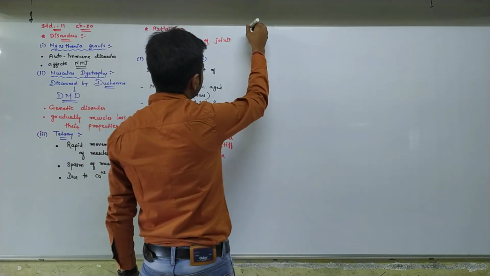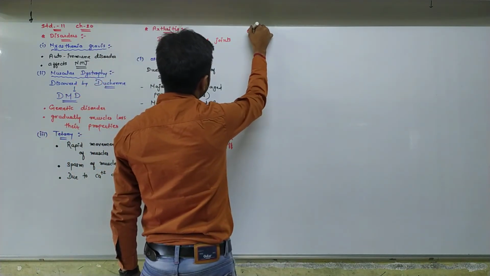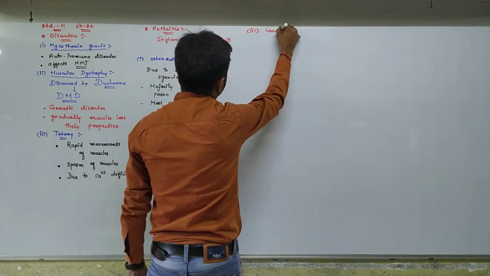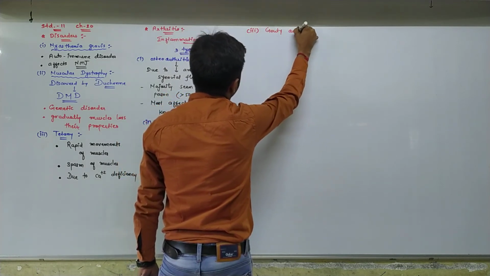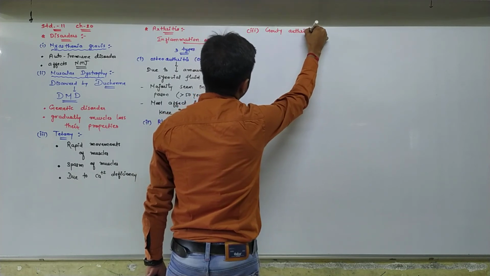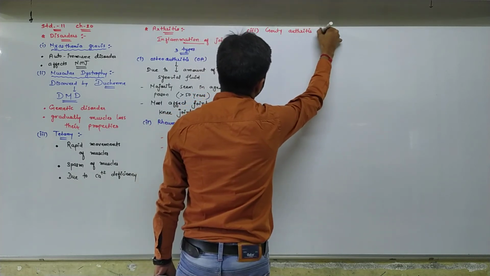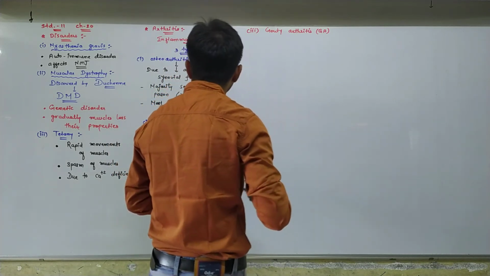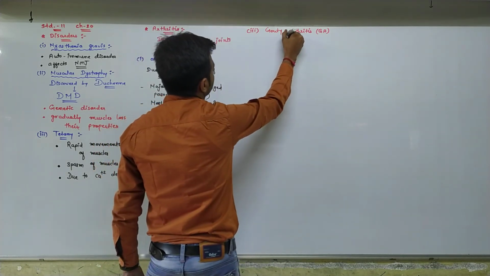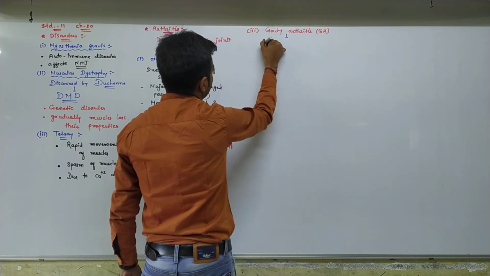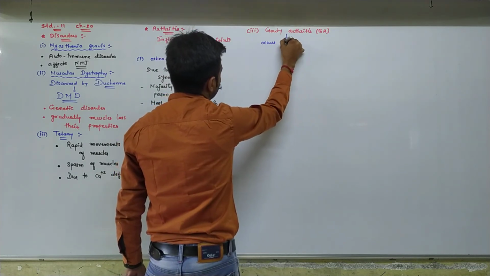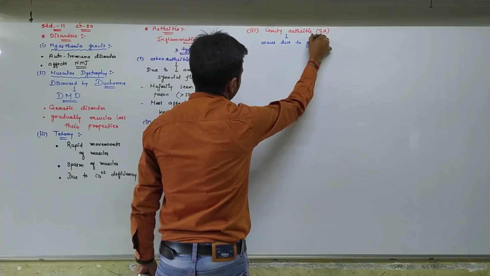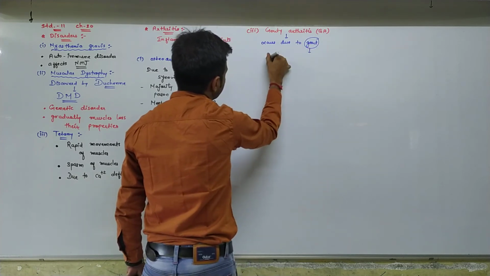Now the third arthritis is gouty arthritis. Gouty arthritis is known as GA. It occurs due to gout, and what is gout?